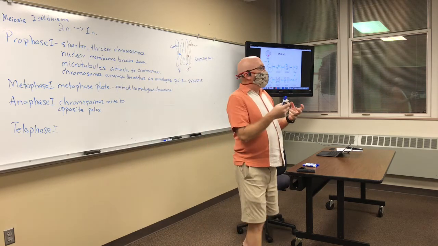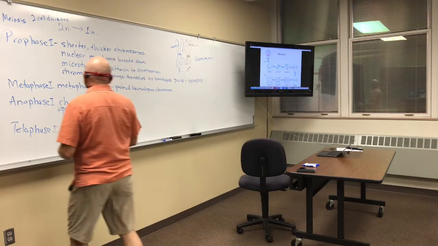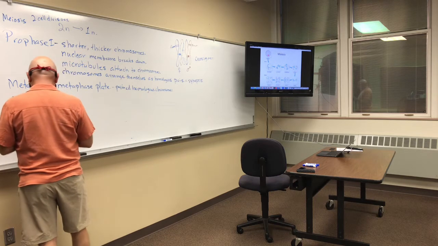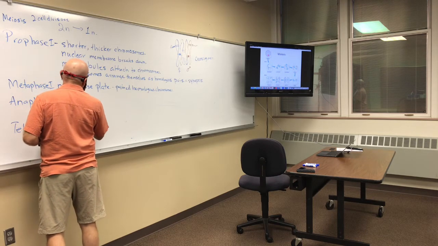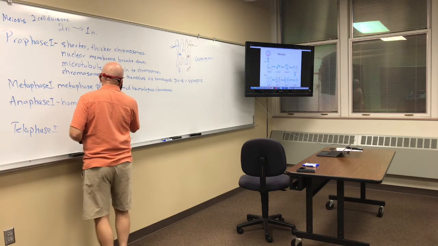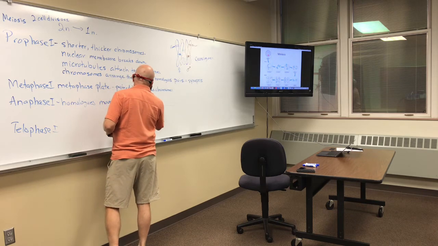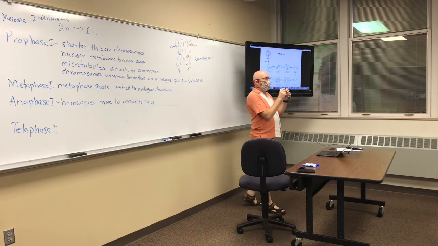Now, what happens in anaphase 1 is these homologs move to opposite poles. So the centromere doesn't split.